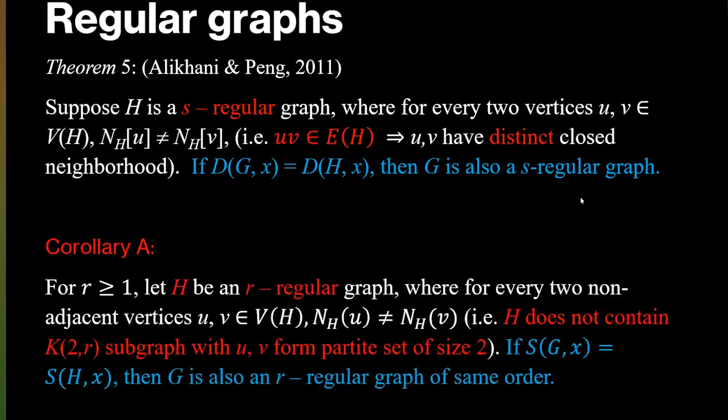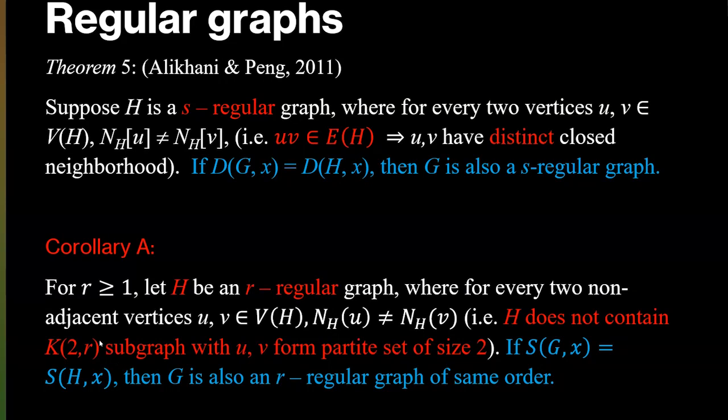We have a similar result on star polynomial for regular graph. Suppose H is an R-regular graph where every two non-adjacent vertices have distinct open neighborhood. In other words, H does not contain a K_{2,R} subgraph, if U and V form the partite set of size 2.